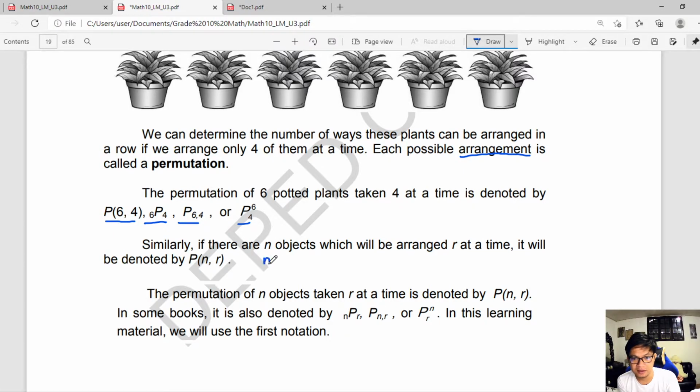So, n refers to the number of objects, ito siya sa isang given. And yung r naman is ilan yung kailangan natin at a time. Ilan lang yung pwede at a time.